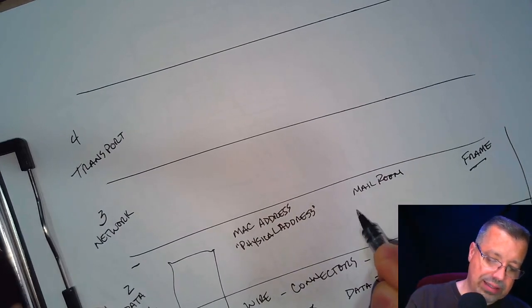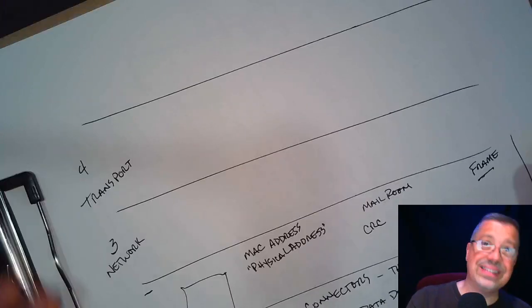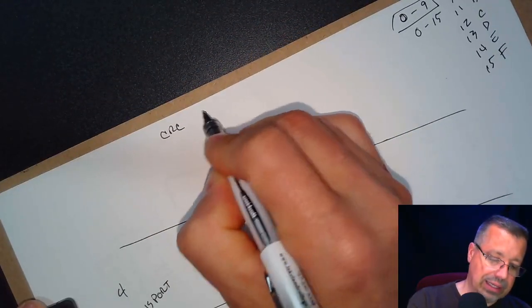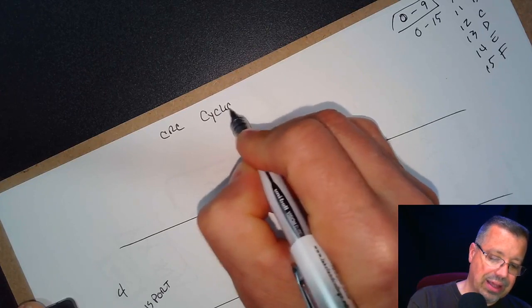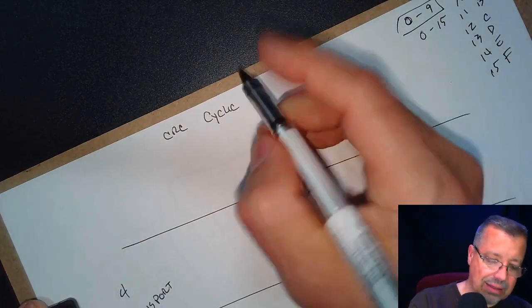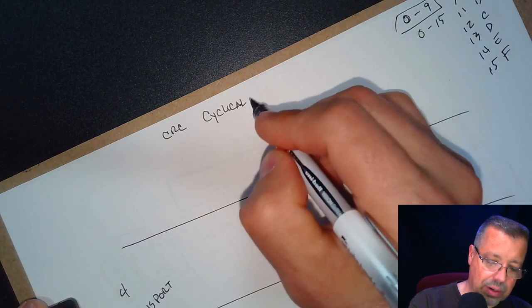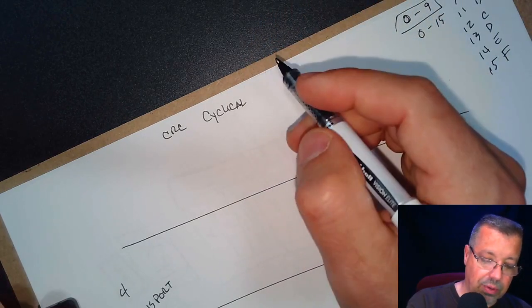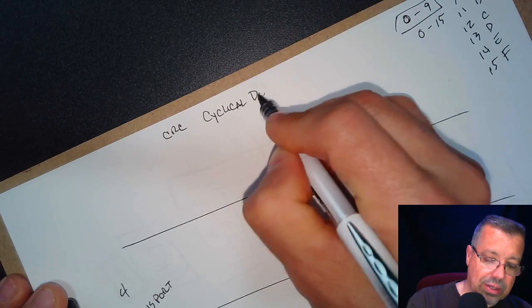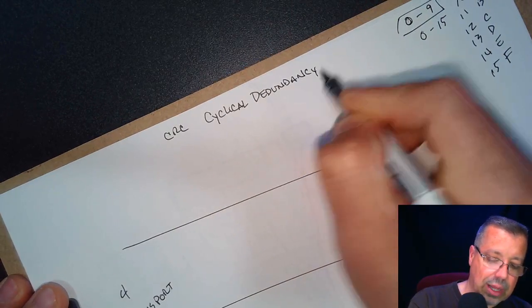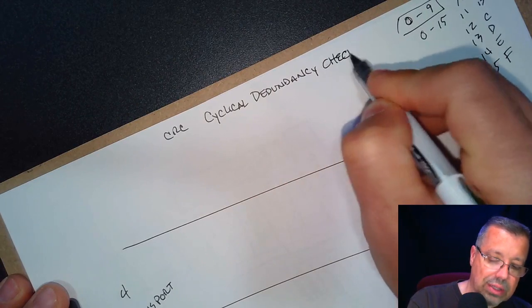We had the CRC, which is the cyclical. CRC is the cyclic. Sometimes you'll see cyclic. I think in this book it's cyclic. Cyclical sounds better to me, and that's what I learned originally. Cyclical redundancy check. All right, so what is the CRC?